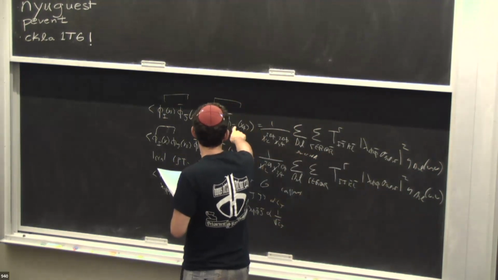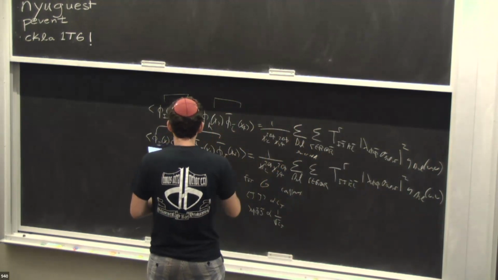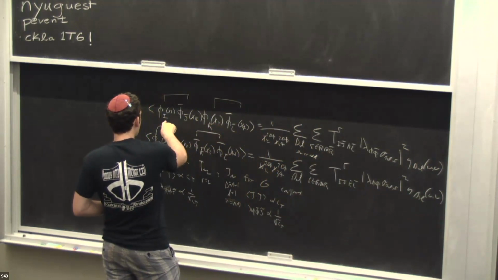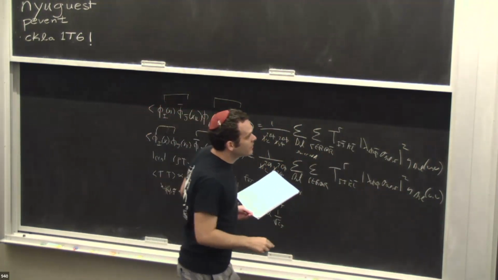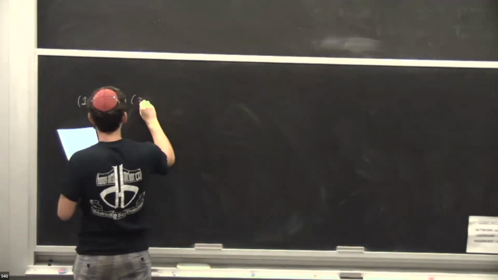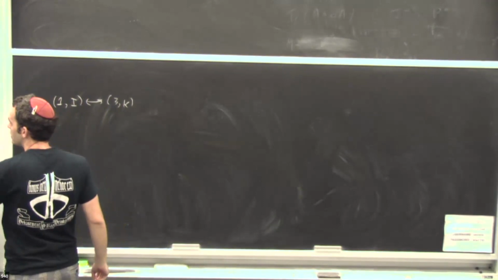So let's just take this 4-point function and let's swap 1 with 3, and let's also swap the labels i with k. And so we'll do that on this new board over here. So we take this 4-point function and we swap 1 and i with 3 and k, which is another way of saying that we're swapping the first operator with the third operator.